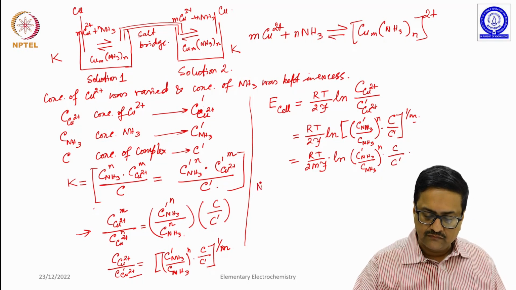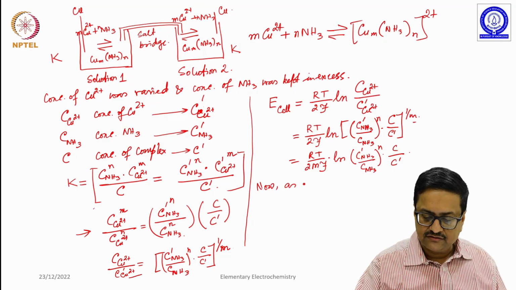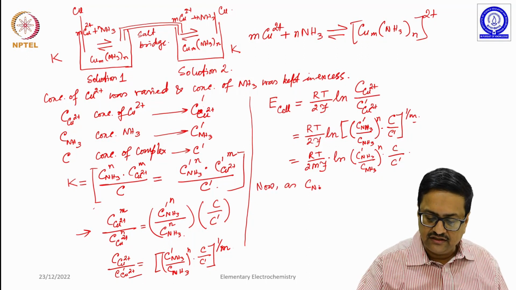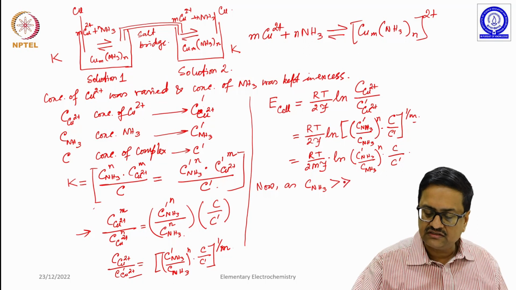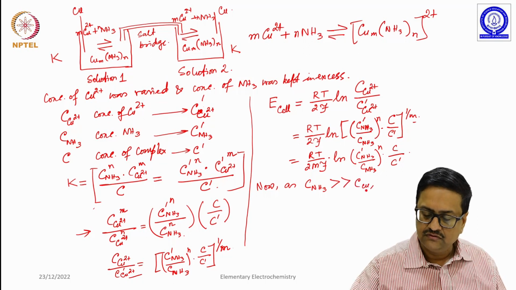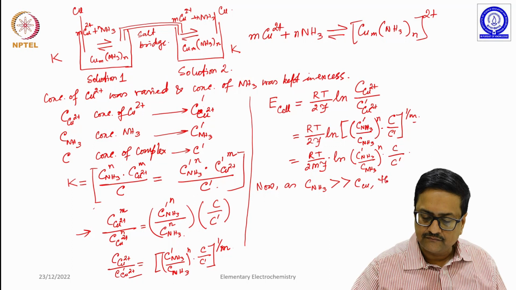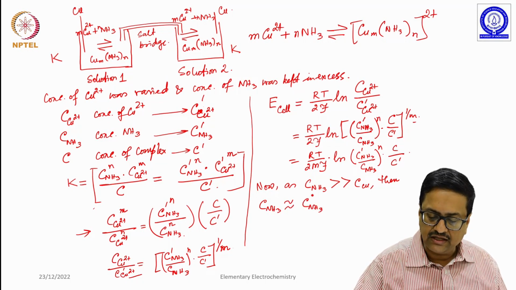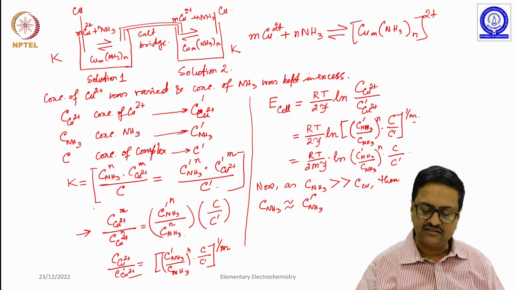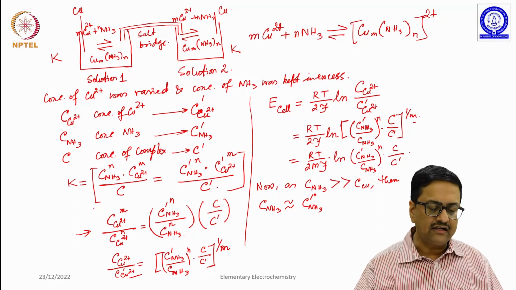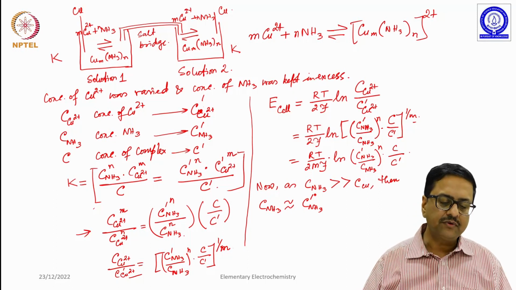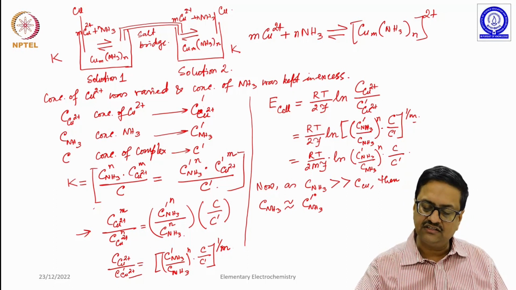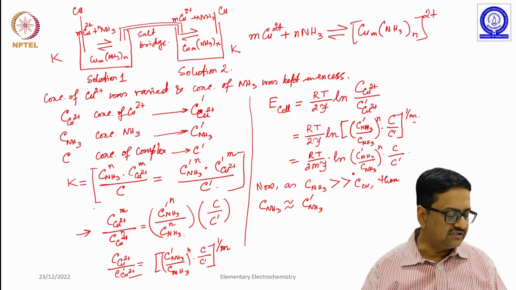So, now as C NH3 is much greater than C Cu, then C NH3 can be considered to be equal to C NH3 prime, because in both sides we have very large excess of ammonia, and that large excess of ammonia is so large compared to the corresponding copper 2 plus ion concentration, they can be considered to be same.